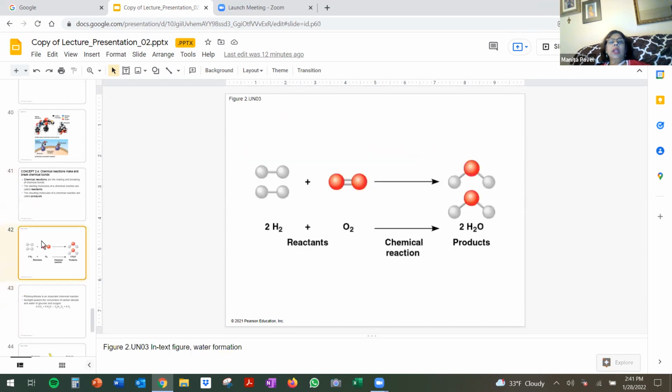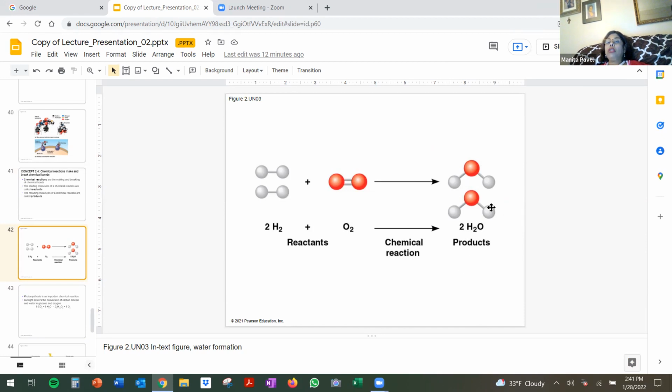Let's look at the reactants here. So something plus something are reactants. That's the way I remember it in a chemical reaction. So you have two atoms of hydrogen reacting with two of oxygen to form H2O, two molecules of water.